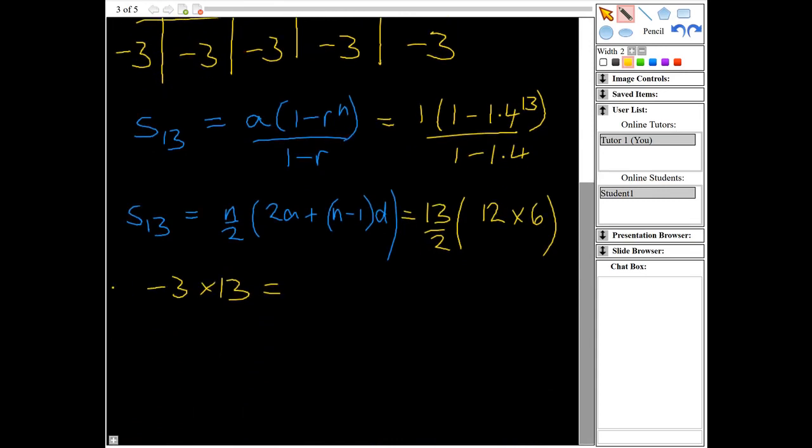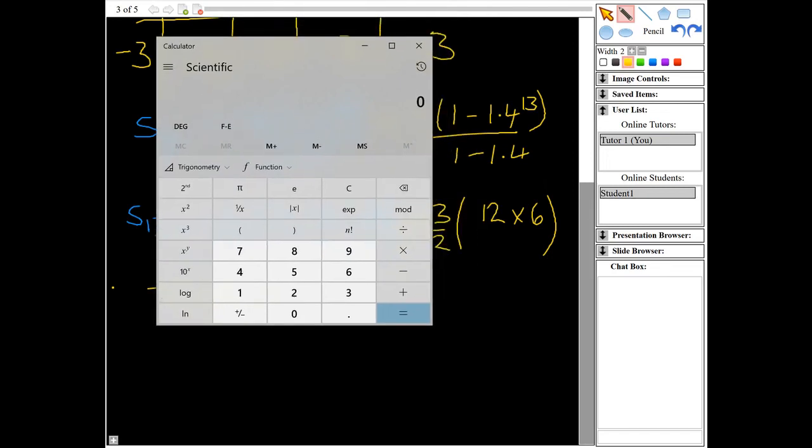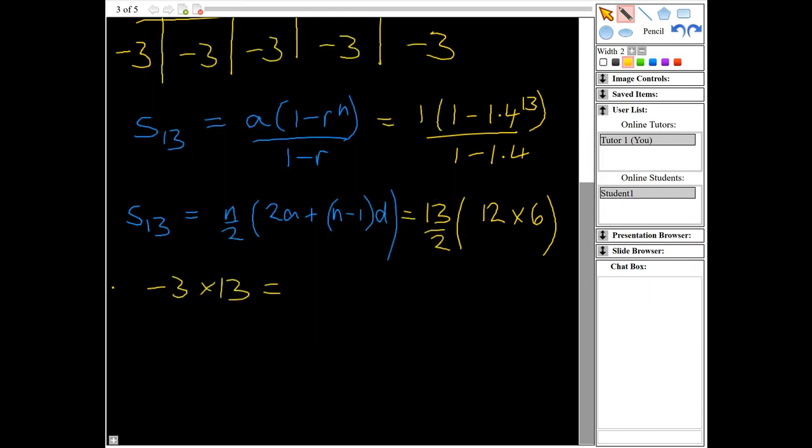Let's do the 1 minus 1.4 to the power of 13. That gives me that, and then I need to divide that by negative 0.4. That gives me 195.9.